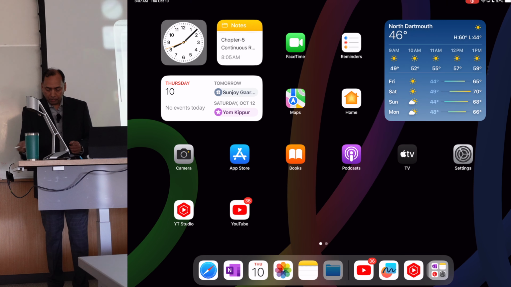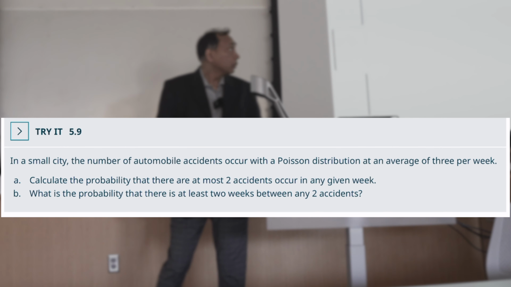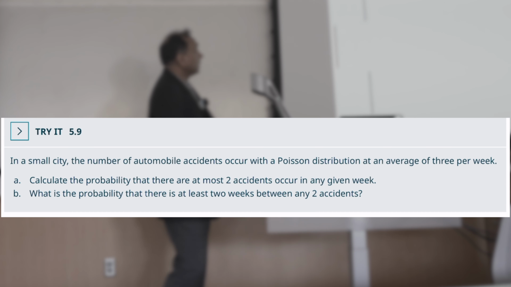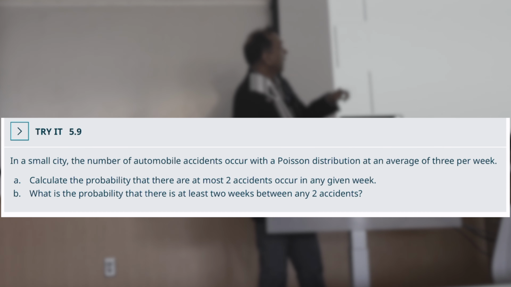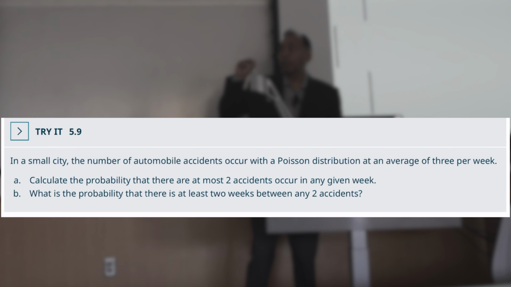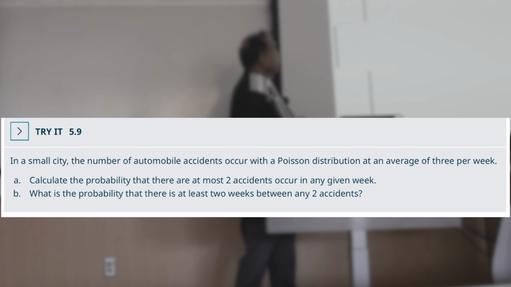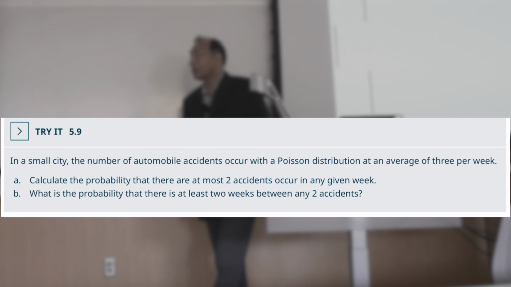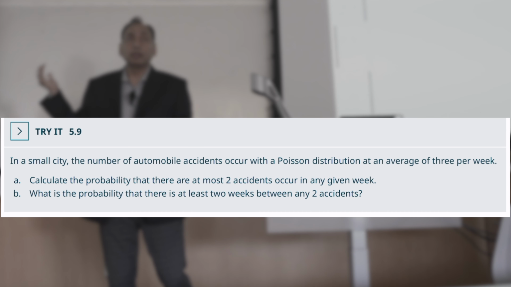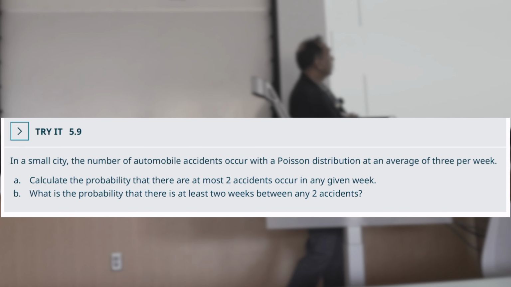Now, the connection of this situation to exponential. If you look at part B, what is the probability that there is at least 2 weeks between any two accidents? So now we are talking about a time interval, at least 2 weeks between any two accidents. So time between two events or two accidents. So then it becomes an exponential distribution.